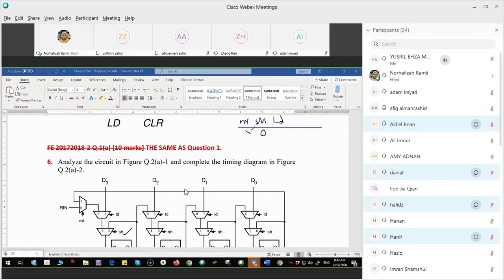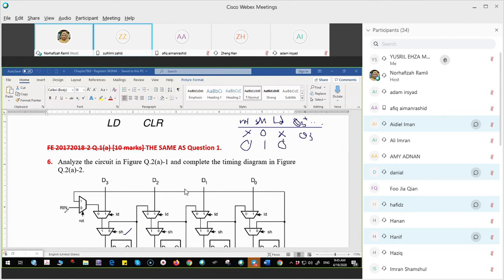So regardless of this, your Q3 plus and so on will be no change, equal to Q. But the moment the shift is 1 and the ROT is 0, and the load is now 0, so 1, 0. This one is X. This is 0, 1, 0. What happened?